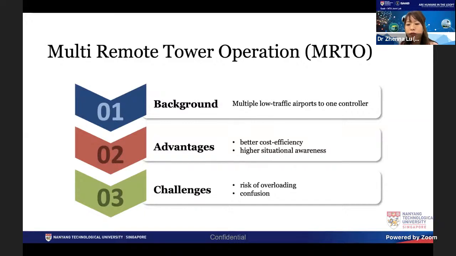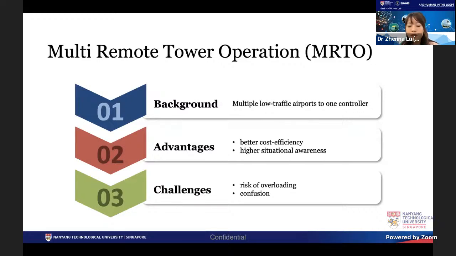And this will sometimes result in the out of the loop phenomenon. And the MRTO could actually strategically combine such airports together so that a controller could have a more stable workload. And as a result, it can improve the situational awareness of the controller, and not to mention that it also offers a better cost efficiency.